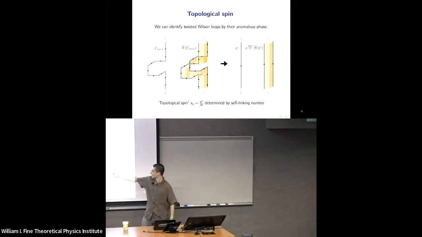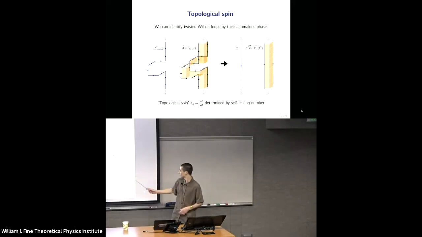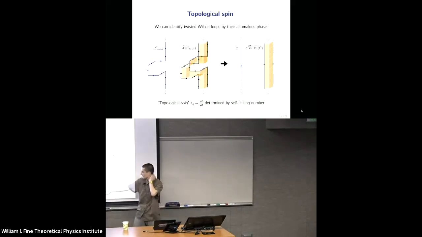One, it tells us that this line had a non-trivial self-linking, which was computed with respect to the particular framing which we chose. And two, it tells us the topological spin of this line. So the spin of the charge Q anyon is just Q squared over 2K.